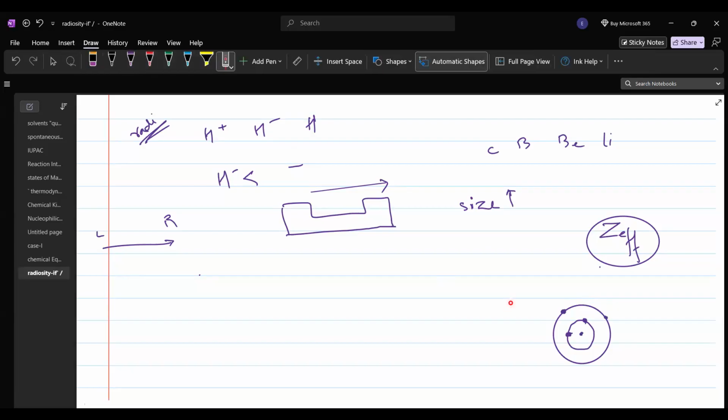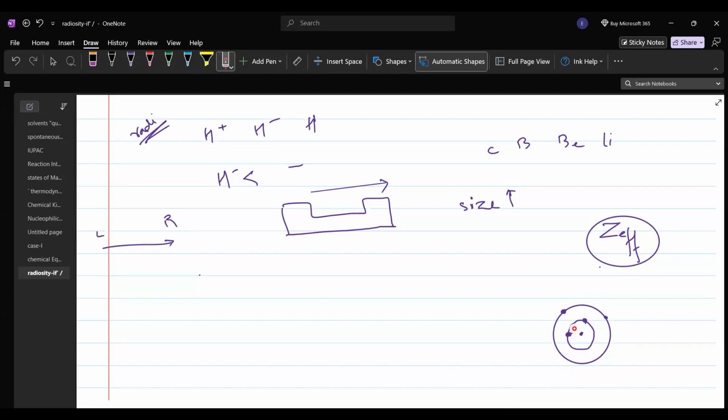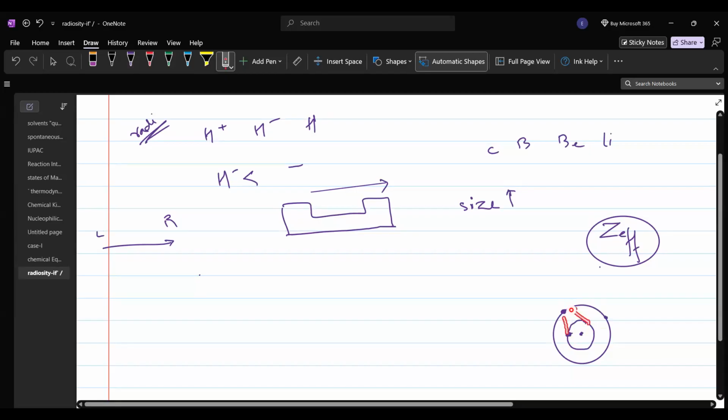The nucleus is pulling the electron, right? And these two electrons are pushing the electron or pulling the electron? Repelling the electron. Yeah, repelling the electron.